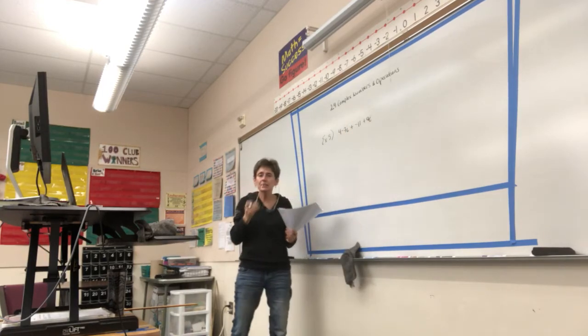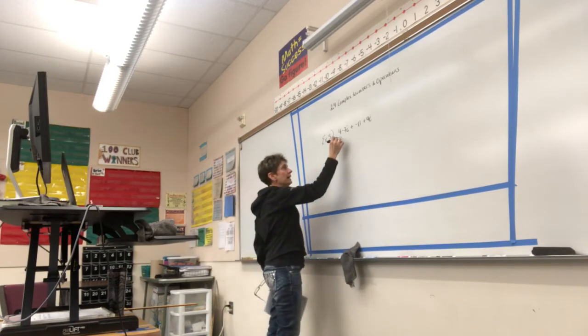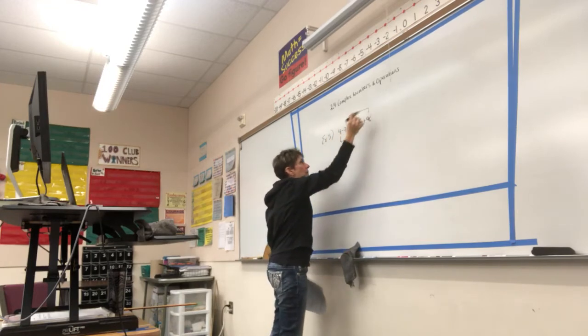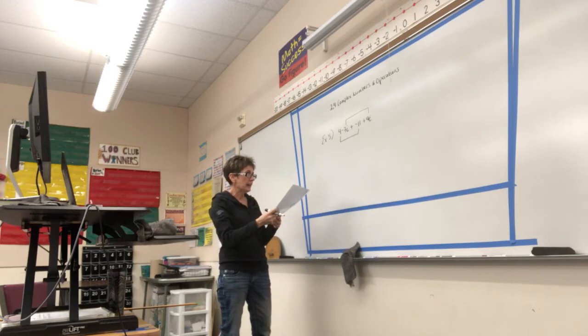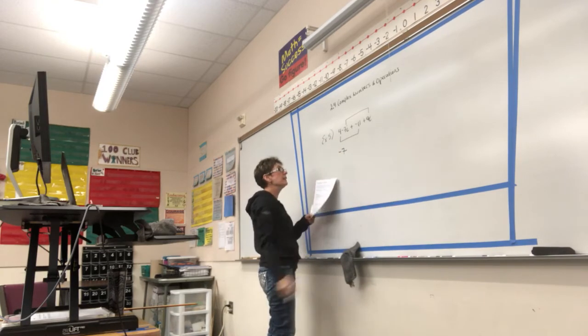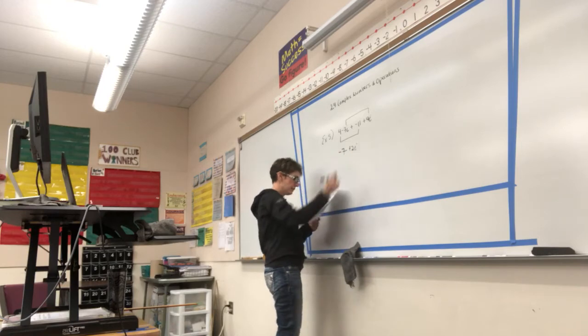This is kind of like regular combining like terms. We're going to want to combine the 4 and the negative 11, and then we're also going to want to combine the negative 7i and the positive 9i. So 4 minus 11 gives us negative 7, and then negative 7i plus 9i will give us positive 2i.